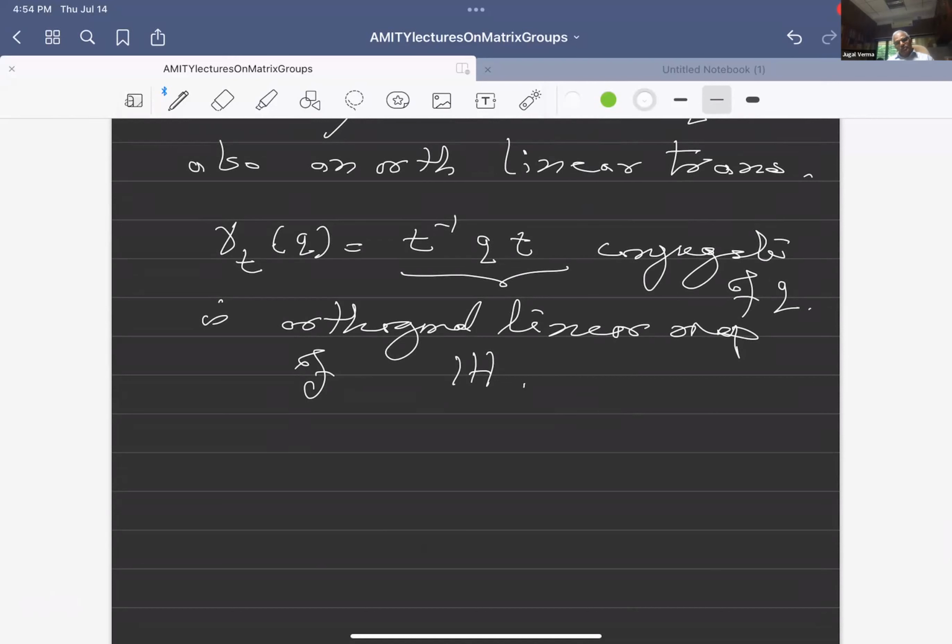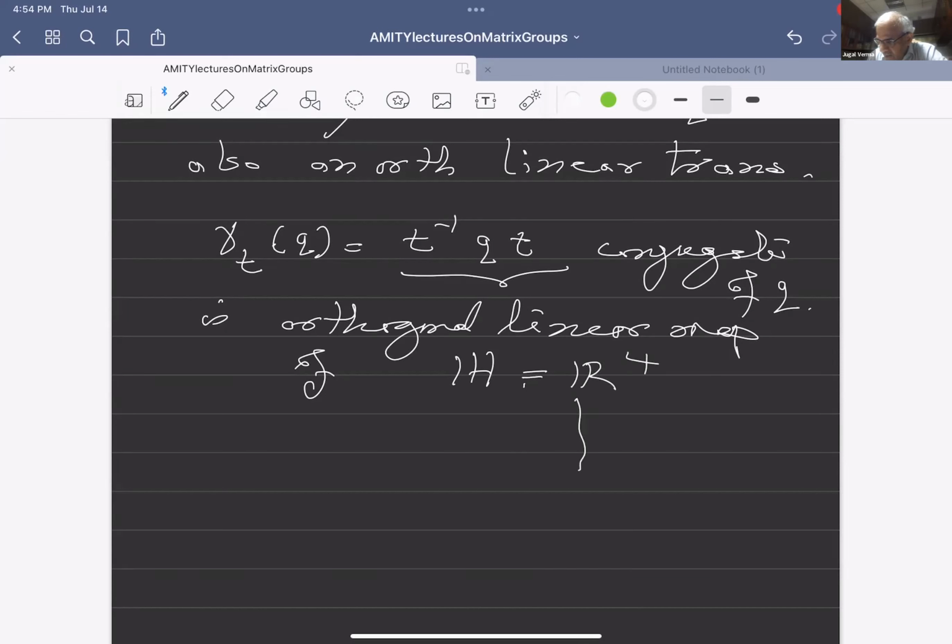Now, orthogonal linear transformations, this is a 4-dimensional space. So let us show that this orthogonal linear transformation, if I restrict it to the 3-dimensional space of imaginary quaternions, is going to be a rotation. I have not defined the meaning of rotation in 4-dimensional space. I have defined the meaning of rotation in 3-dimensional space. H is R4.